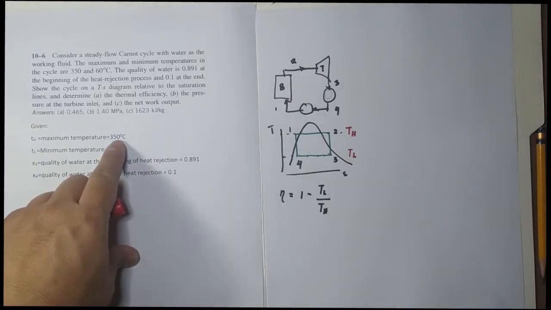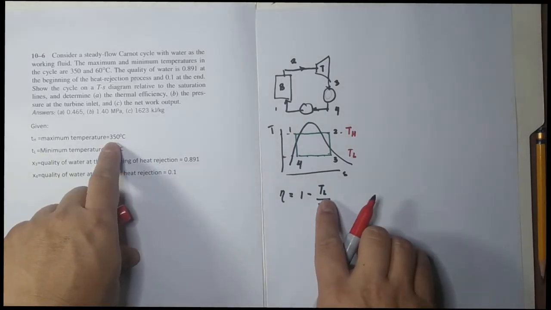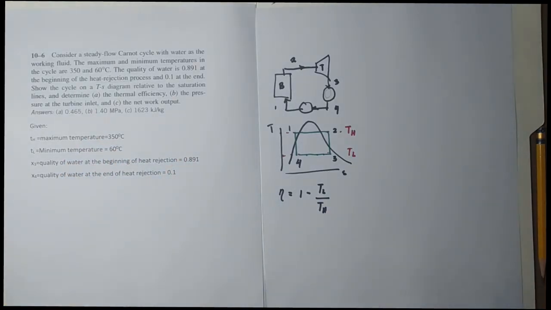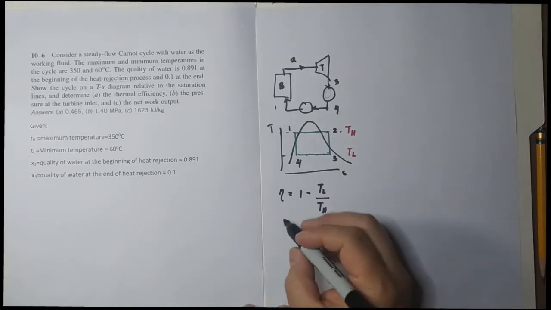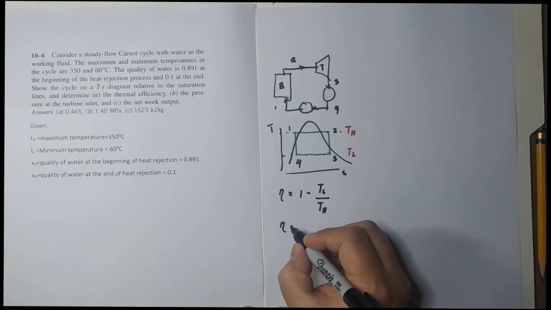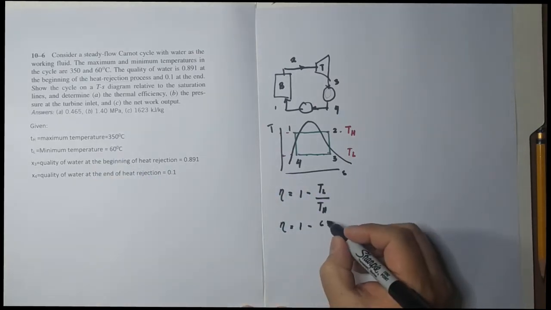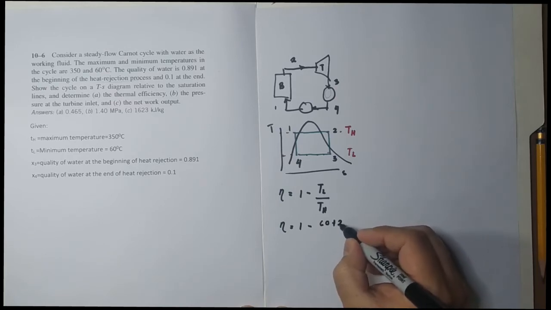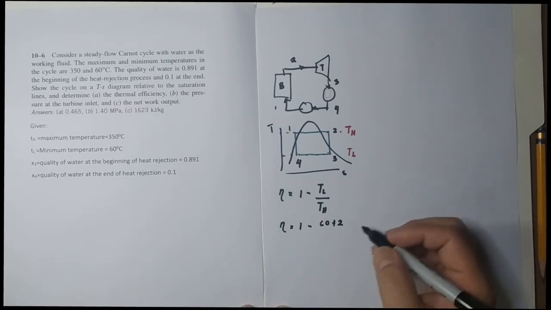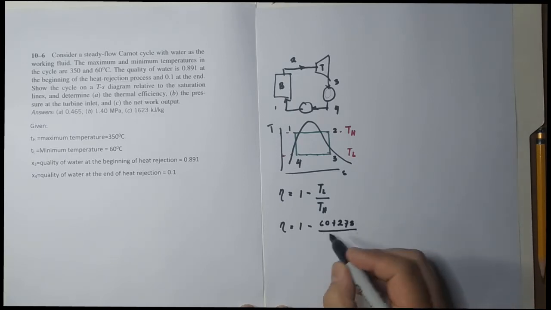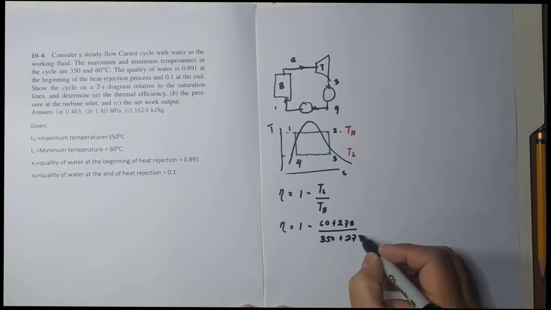This is not in absolute. You should convert this Celsius into absolute to answer the efficiency. The efficiency now would be 1 minus low is 60, of course, you have to convert that into Kelvin, so plus 273, divided by 350 plus 273.